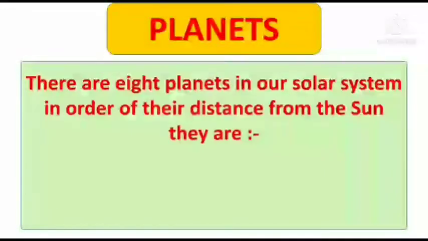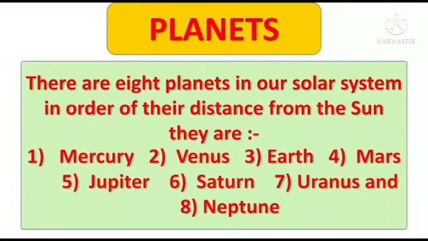So now students, first we talk about the planets, there are 8 planets in our solar system. In order of their distance from the Sun, they are like this. The first one is Mercury, Venus, Earth, Mars, Jupiter, Saturn, Uranus and Neptune.